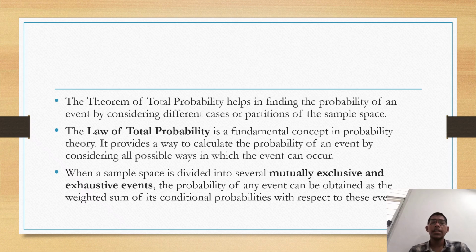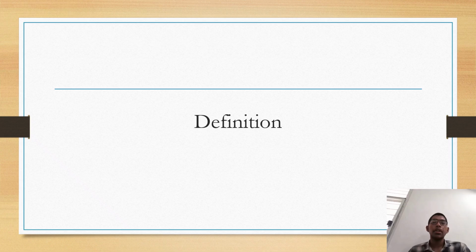When a sample space is divided into several mutually exclusive and exhaustive events, the probability of any event can be obtained as the weighted sum of its conditional probability with respect to these events.